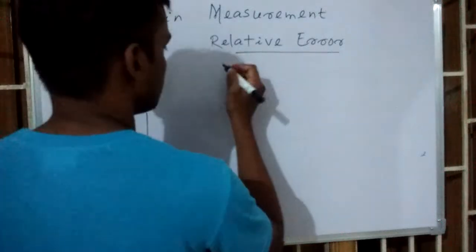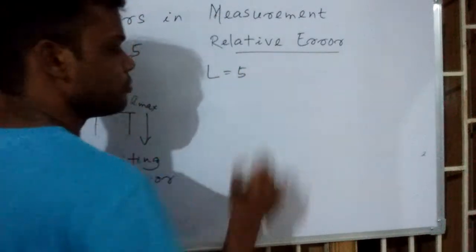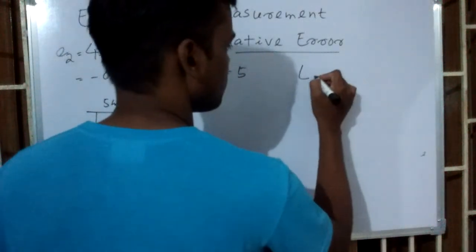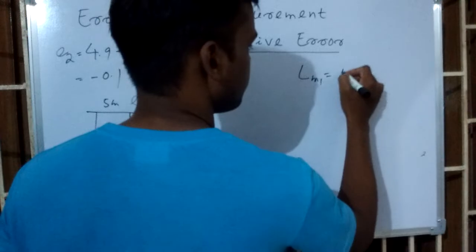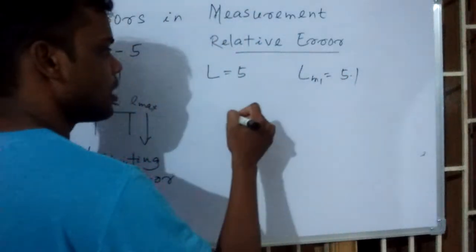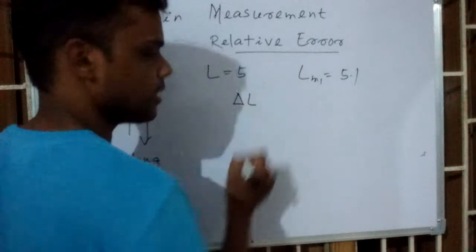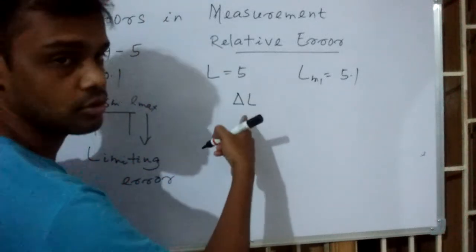Suppose again I am taking this length L to be measured as 5. Somebody measured it, let it be LM1 is equal to 5.1. So obviously the absolute error, let the absolute error be del L. It will be convenient to use this notation.